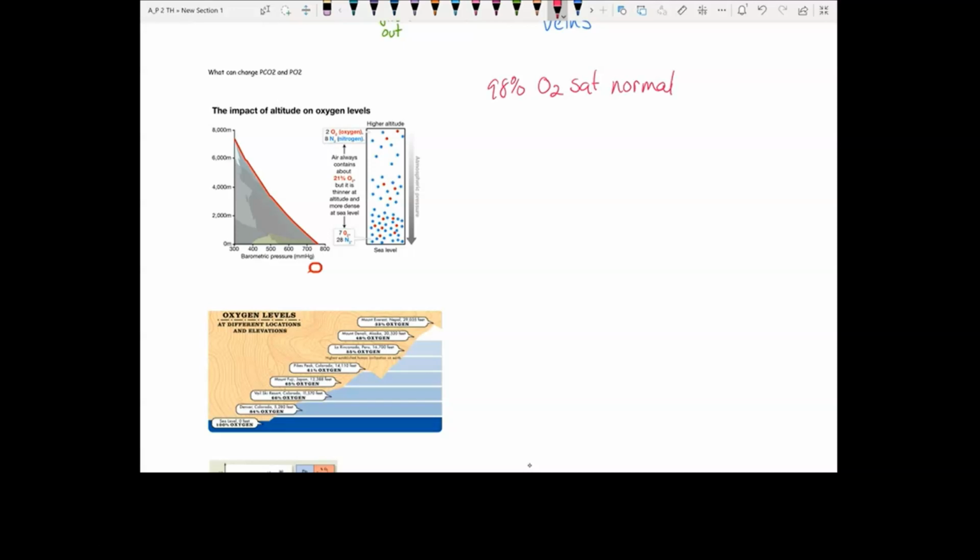If you wanted to get 100%, you would have to lock yourself in a hyperbaric chamber. The level of oxygen saturation in your blood is controlled by air pressure. This 98% is normal. That is at sea level.